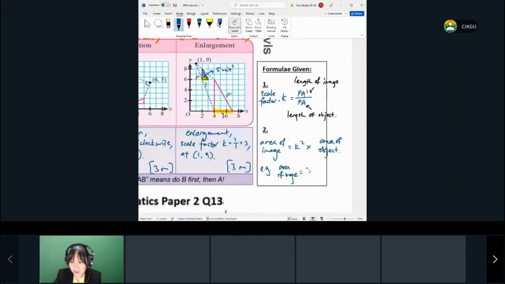So 3 squared, multiplied by the area of the object, which for our case I give as example 5. So 9 times 5 is 45 units squared. That means if I calculate this area here, it's going to be 45 units squared. Done. So these two formulas are given to you, no need to worry.